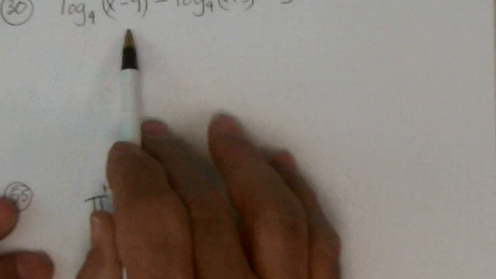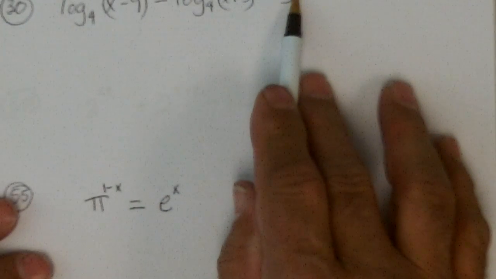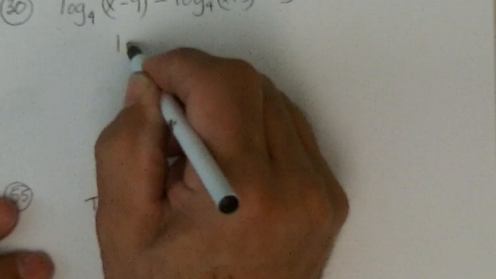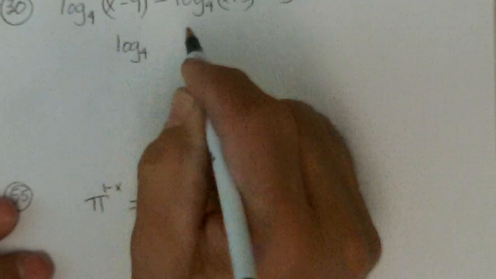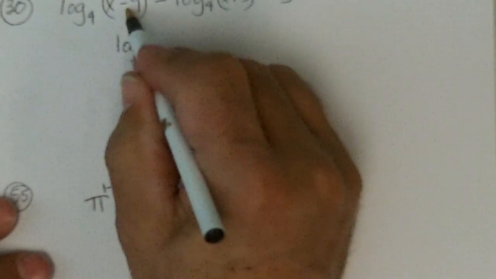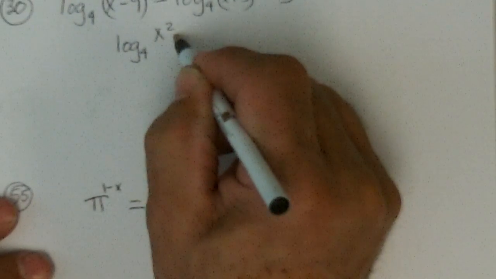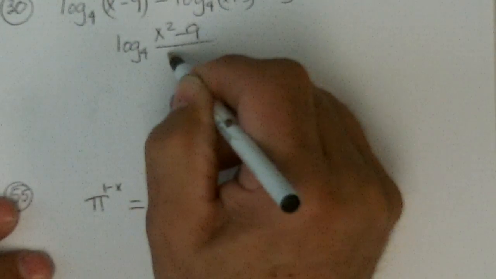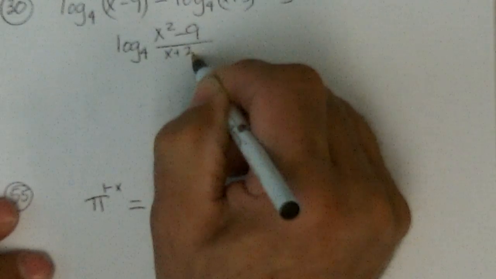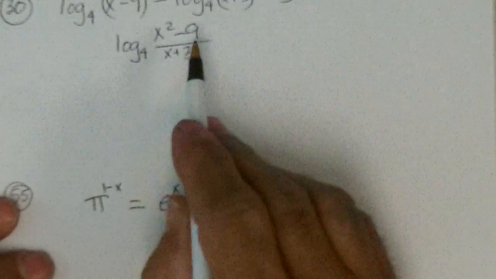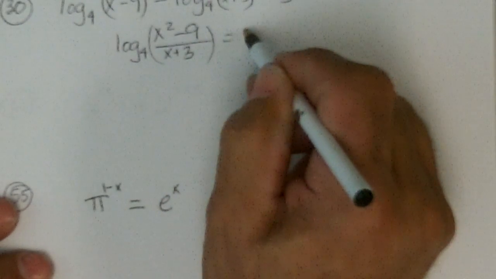Same kind of thing. We got logs over here and a number over here, so we're going to get this to a single log. So we're going to say this is log base 4 of, this will go in the numerator because this is the positive one. So I get x squared minus 9 divided by x plus 3 equals 3.